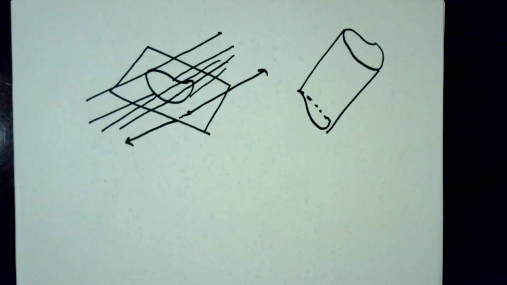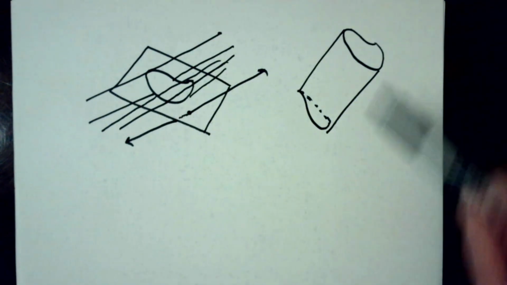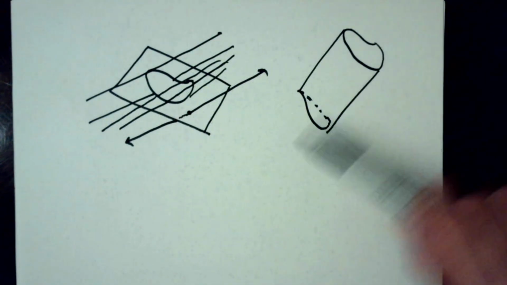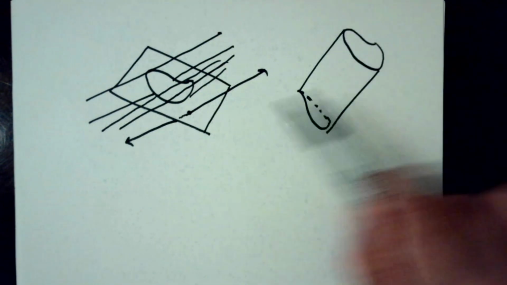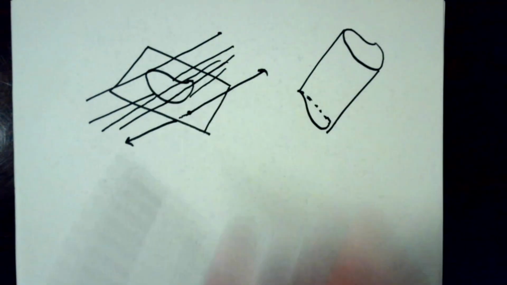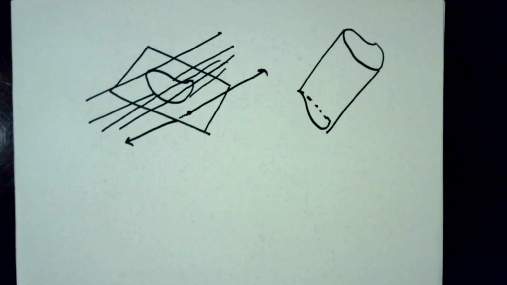If you look at all possible such straight lines, which are sometimes called the rulings of the surface, you get a sort of cylinder-like surface whose cross-section is the curve that you started with in the plane.